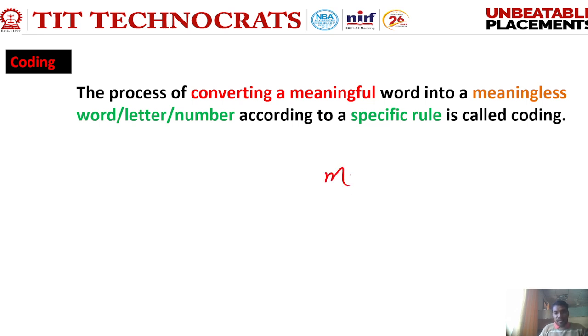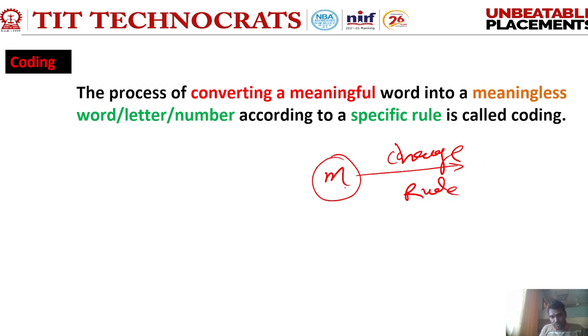You can apply a rule and logic to change a meaningful word into a meaningless one, with letters or numbers changed according to a specific rule. This is called coding.